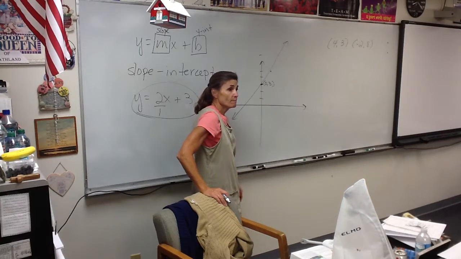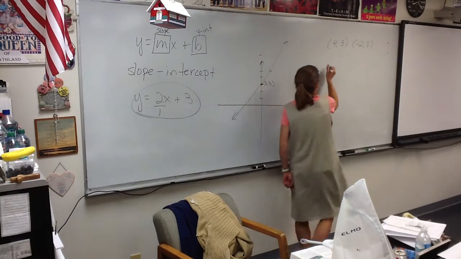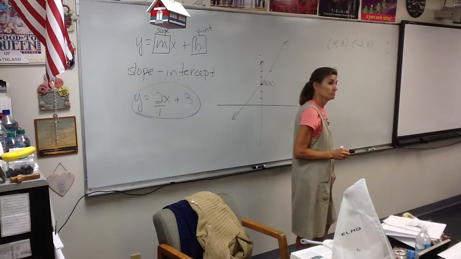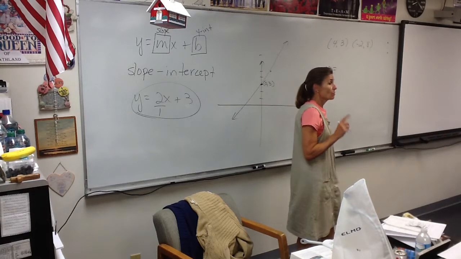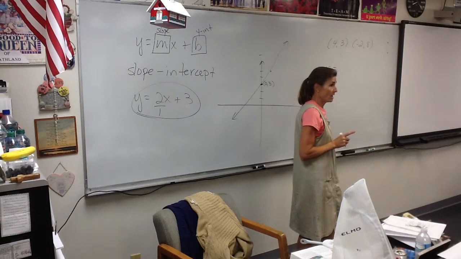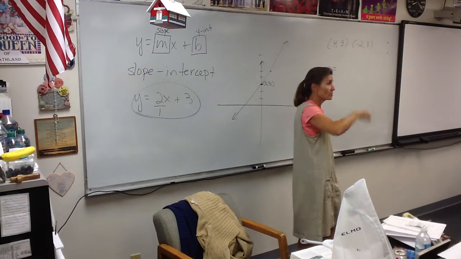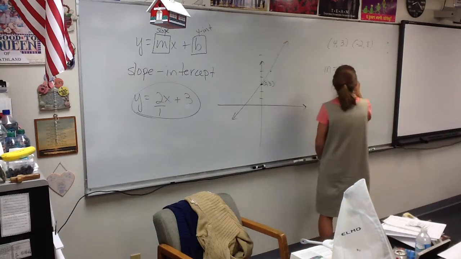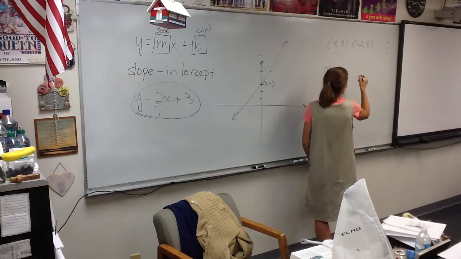Mr. Strife? You find the slope first. And how do I do that? Is it x1 minus x2, over y1 minus y2? Okay, you're close. Slope is rise over run. So what goes on the top if it's rise over run? Y goes on the top. So Tom, you're right, we're going to subtract.